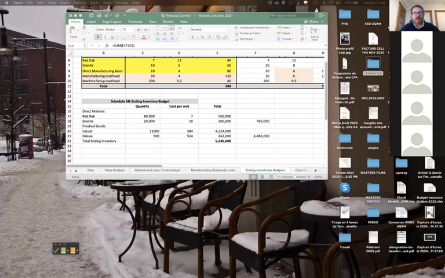And so now we have the valuation of our inventories. So for the finished goods and for the raw materials. So these are the raw materials, and these are finished goods.